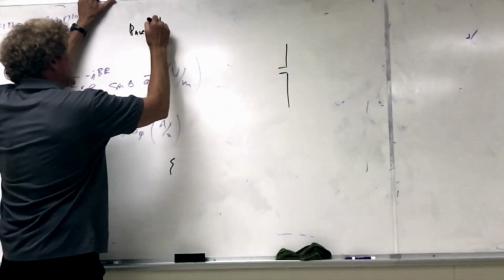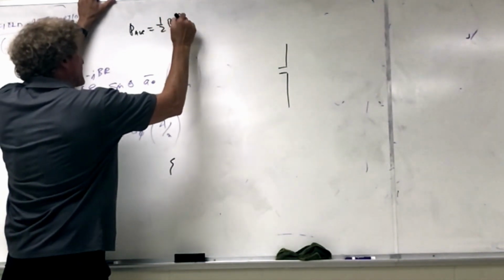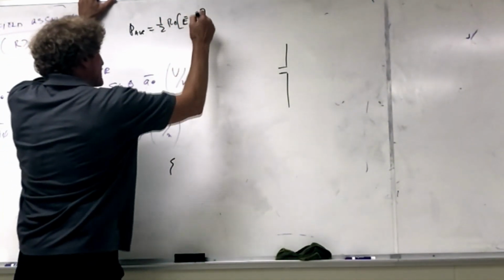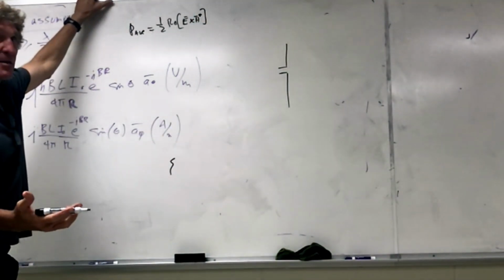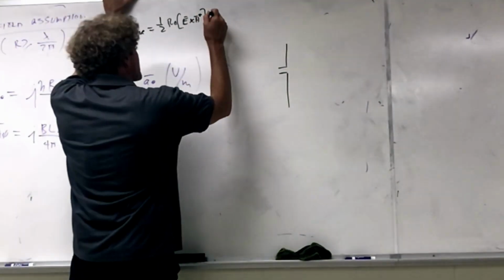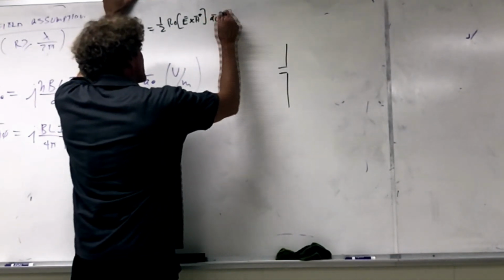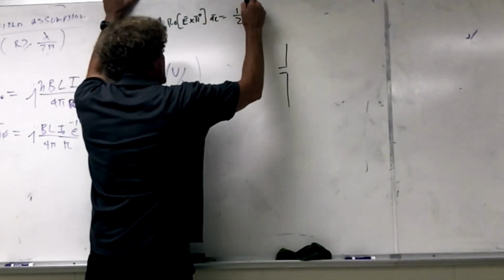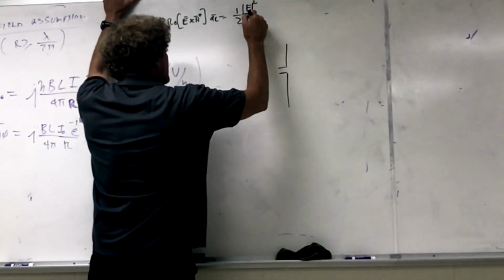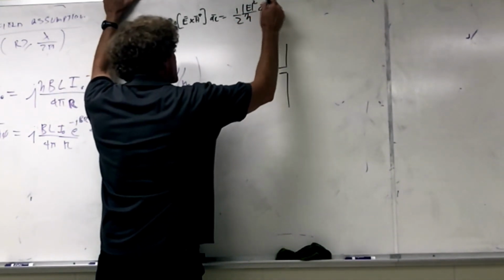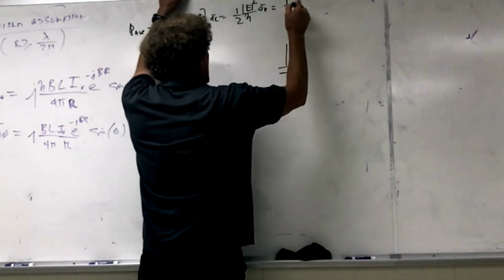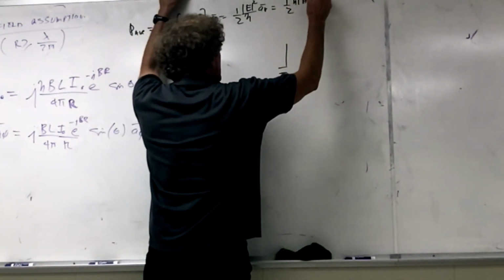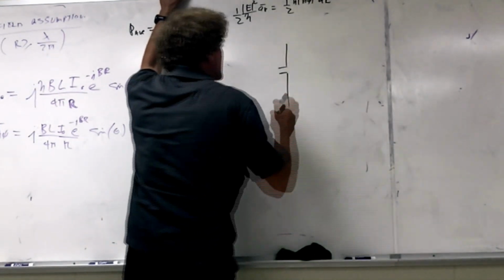In general, technically it's 1/2 the real part of E cross H conjugated, right? Do you remember that? Technically, though, the easy way to do it, if it's propagating, it's going to be in the a r direction, 1/2, and you can take the magnitude of the E field squared divided by eta in the a r direction, or you can take 1/2 and then take eta times the magnitude of the H field squared in the a r direction. Either one will get you there.